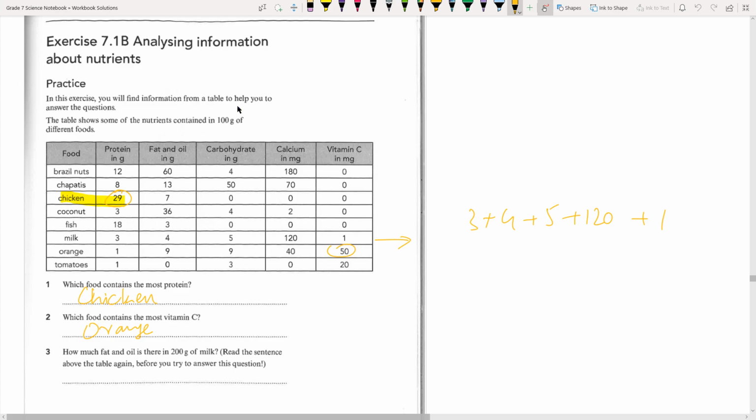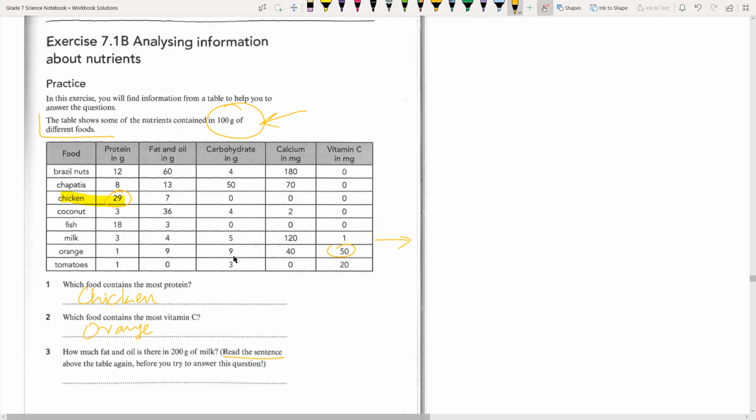Now, this is for each 100 gram. Remember that. Read the sentence above in the table just to be sure, right? Why? Because this is the important part you need to look at: this chart is for 100 gram of food, right? So each one is 100 gram, right? So this is in milligrams. Sorry, that's not to be added here, right?